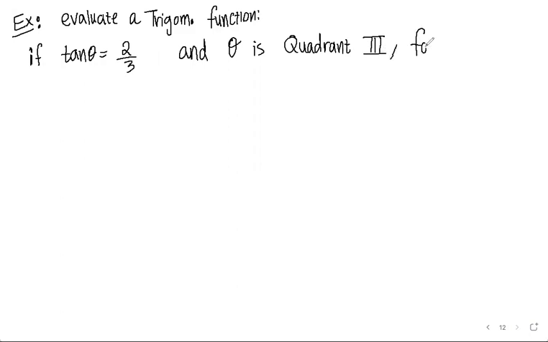The question is to find cosine theta. How can you evaluate the cosine of theta? By using the tan of theta, and theta here is in the third quadrant. Any idea?